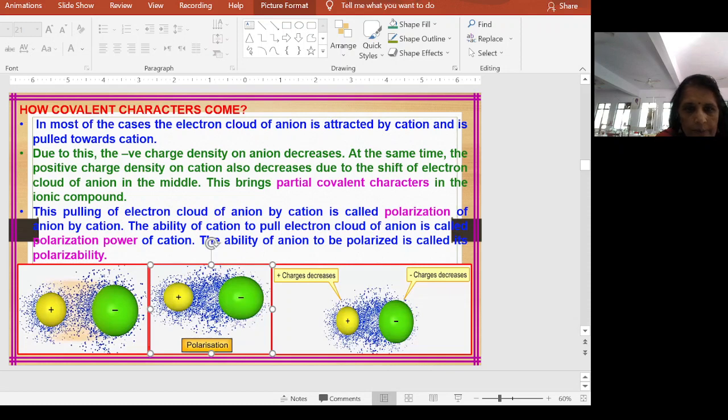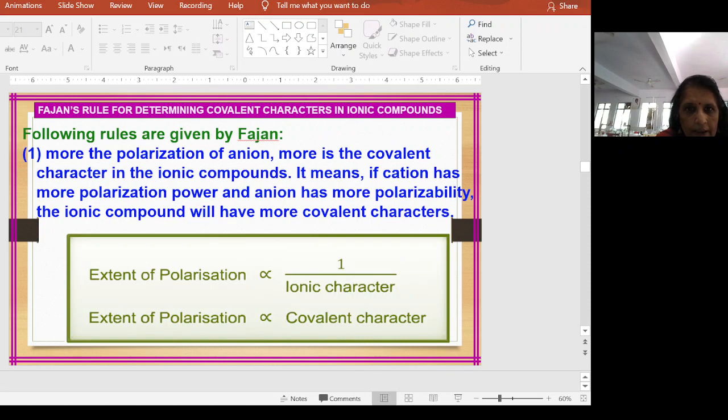So I hope you have understood that a covalent character can form in an ionic compound. Now Fajan has given a rule by which we can compare many ionic compounds to see which will have more covalent character. A very simple thing: the extent of polarization is inversely proportional to ionic character, whereas directly proportional to covalent character. Now what do we mean by that?